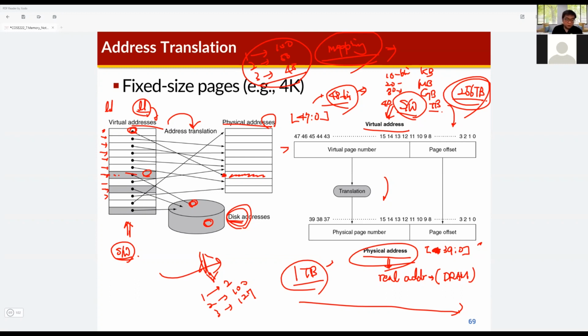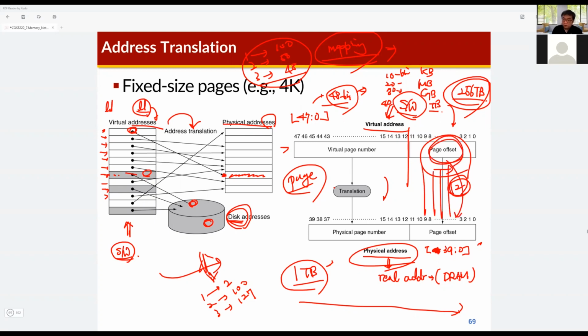Okay. So for the virtual address to the physical address, we use the concept of the page. That means we just ignore the lower 12 bits for this example. This part is not translated, it's just directly used, so it's actually the same for the physical address.